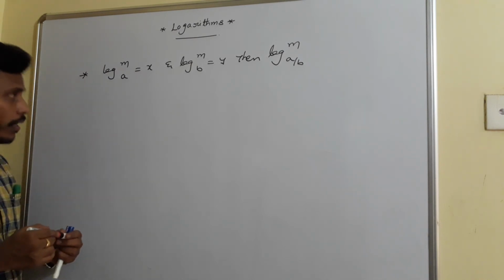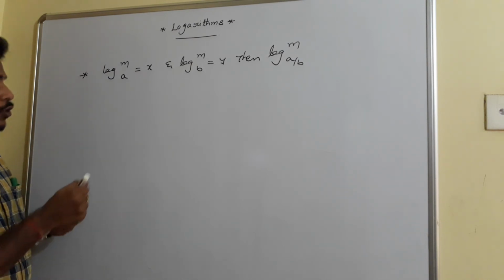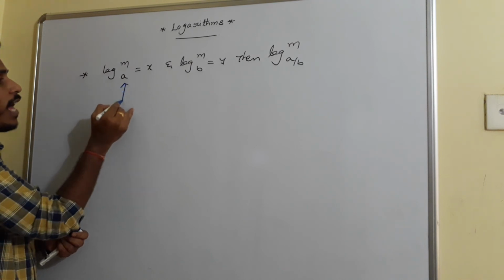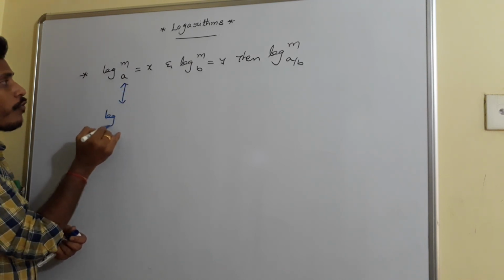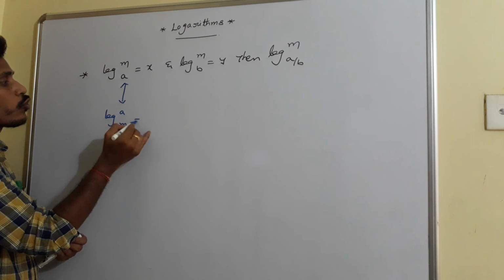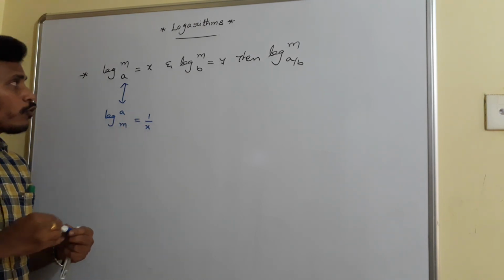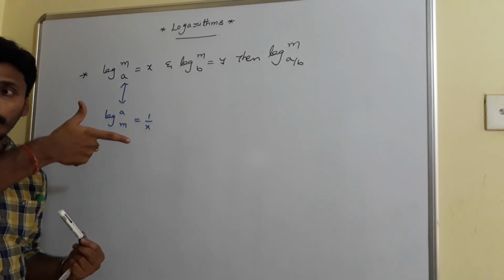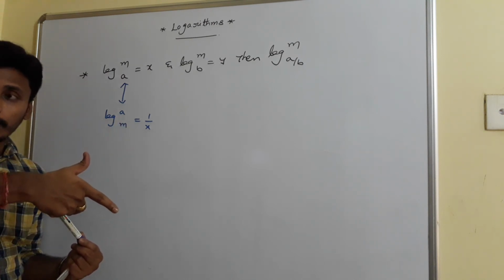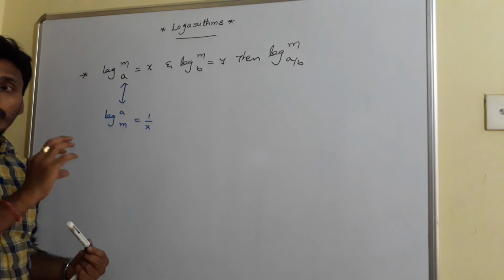See, since logarithm of m base a is equal to x, from this we have logarithm of a base m is equal to 1 by x by the law. What is that law? If you take the reciprocal of the logarithm, then the power and base get interchanged.